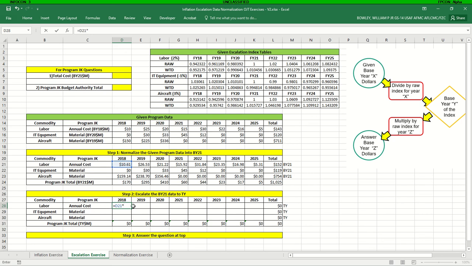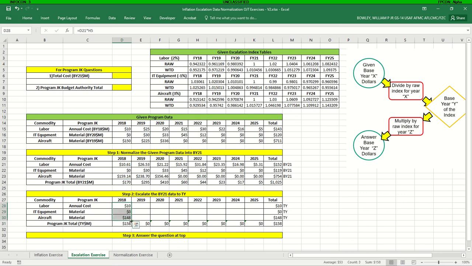This is for labor 2018, so we're going to grab the weighted index for labor 2018. We've got IT equipment, which is going to be IT equipment weighted FY18, and we've got aircraft material times the weighted index for that one.